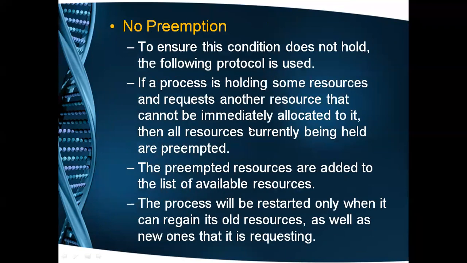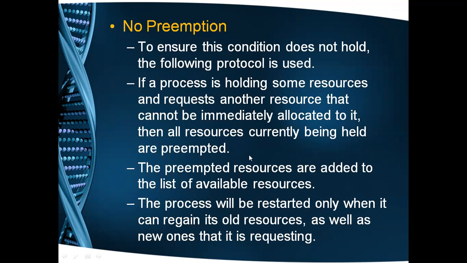The third one is no preemption. We have to prove that this is false. How? If a process is holding some resources and requests another resource that cannot be immediately allocated to it, then all the resources currently being held are preempted.